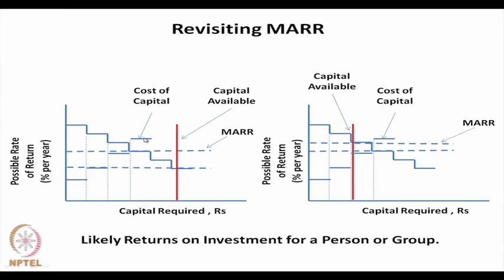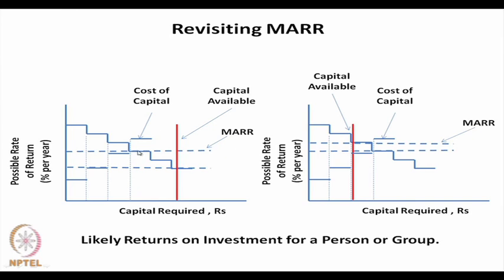So, naturally he would not like to go for a higher capital; he would restrict himself to probably only these 3 projects, first, second and third, because the third project gives him profit higher than the cost of capital, whereas for the fourth project, the cost of capital is higher and the rate of return from this project is lower.